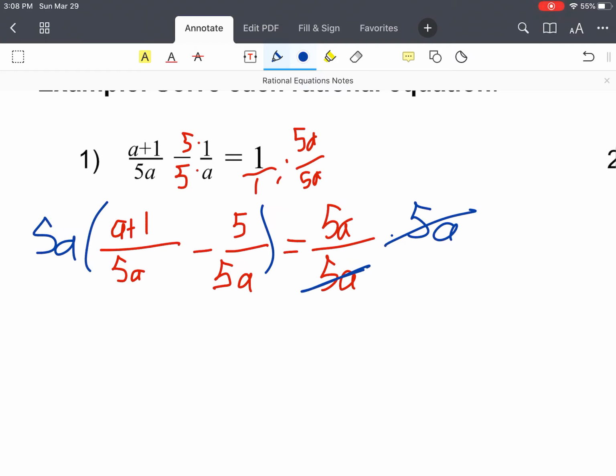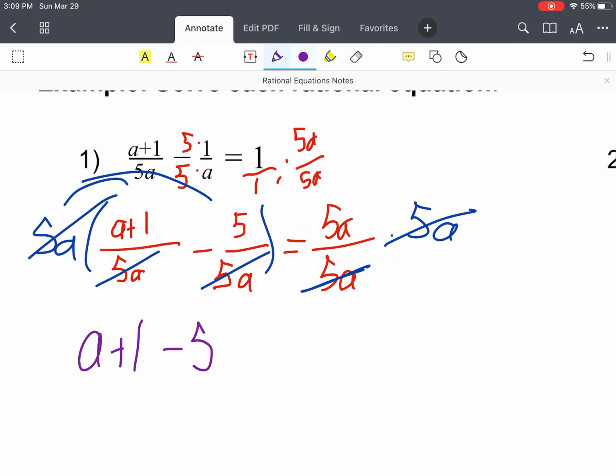That cancels over here, and that cancels out both of those, because you'd have to distribute this to each part. Mathematically, what we did was completely legal. All we did was multiply by 5a on both sides.